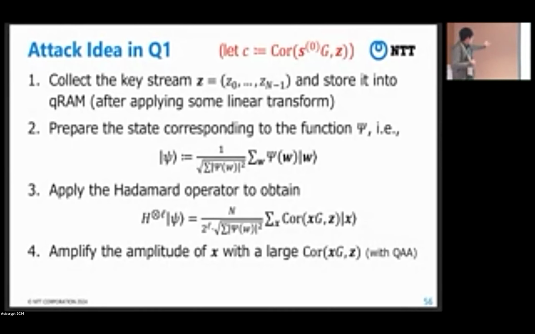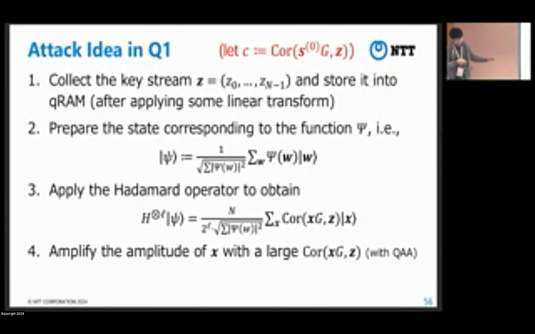In the first step, we collect the key stream Z and store it into the QRAM. This is the same as the classical attack. Each step of this attack is an analog of the classical step, and so the first step is completely the same as the classical attack.